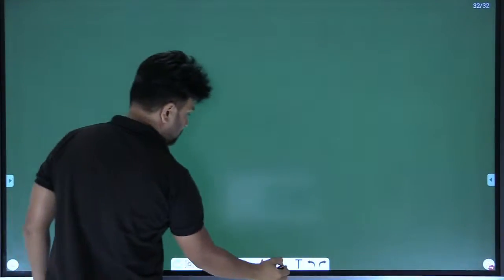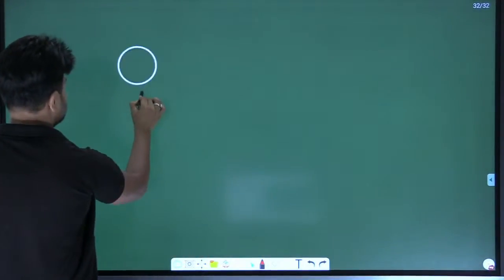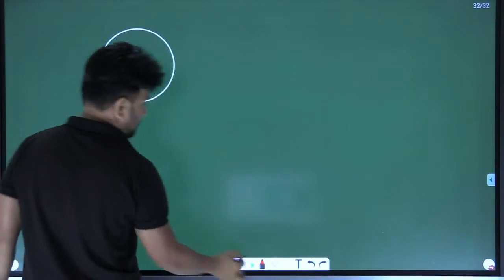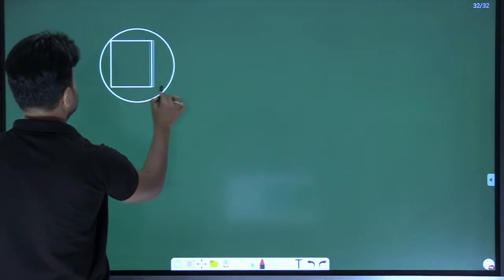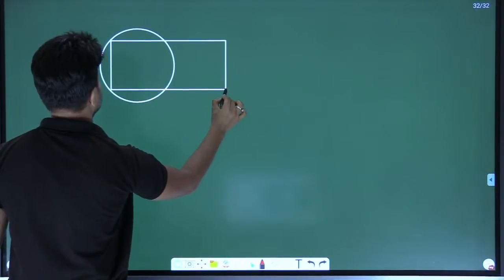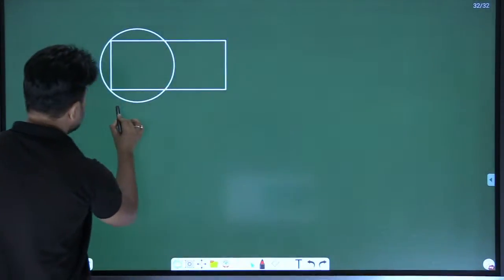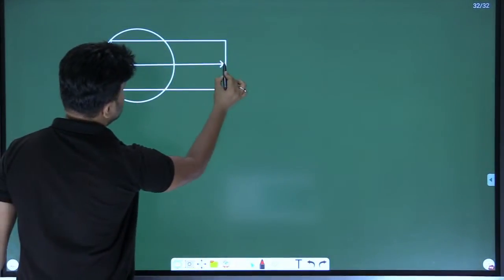Suppose this is a milling cutter. Now the workpiece will reach here. So the total distance is what, my dear? See, this is L length.